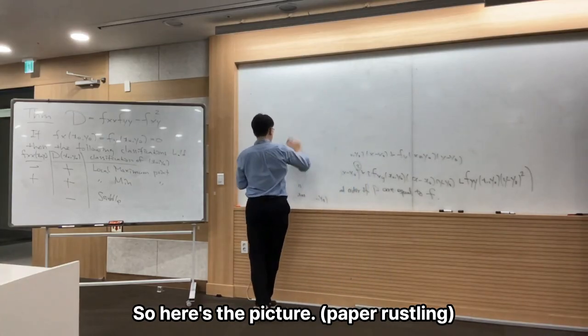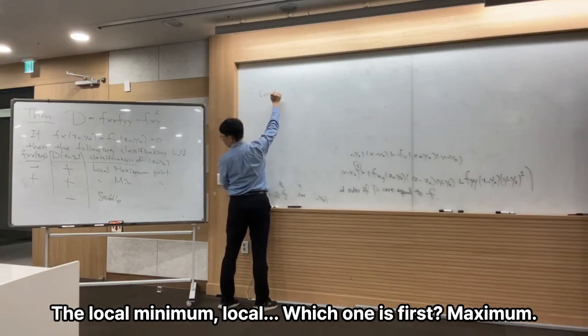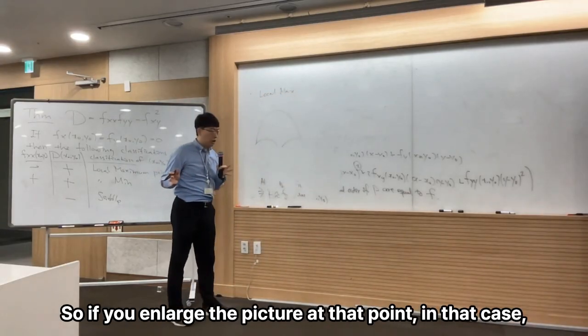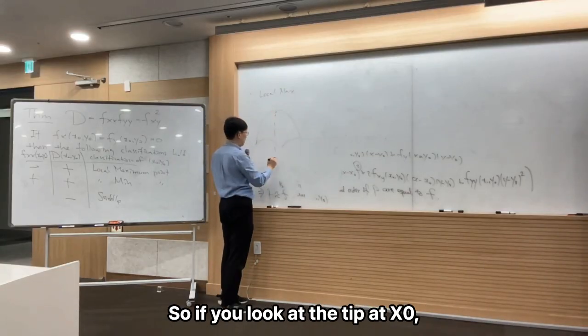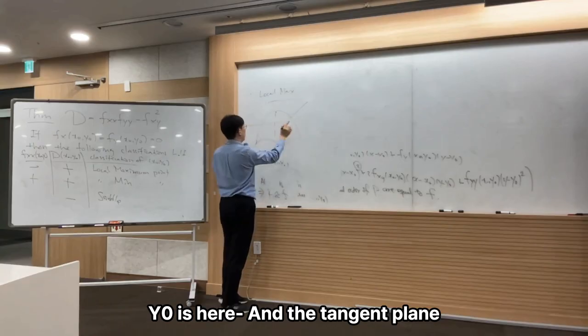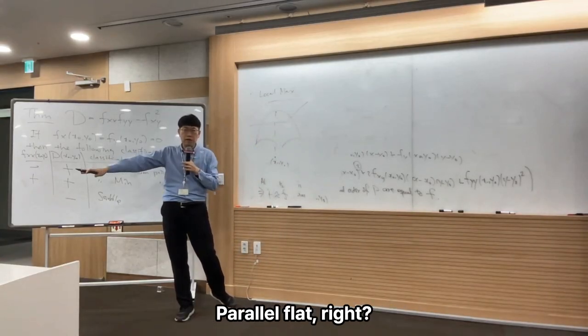So here's the picture. Which one is first? Maximum. If you enlarge the picture at that point, your point is at the tip. So (x0, y0) is here, and the tangent plane at that point of the graph is flat, parallel, right?